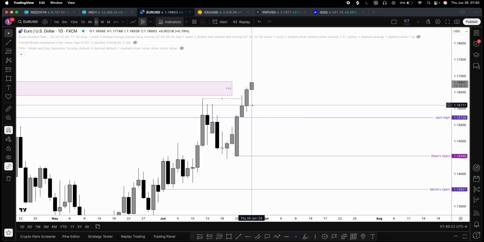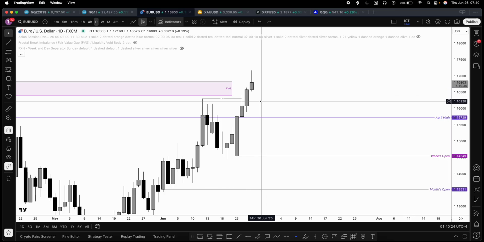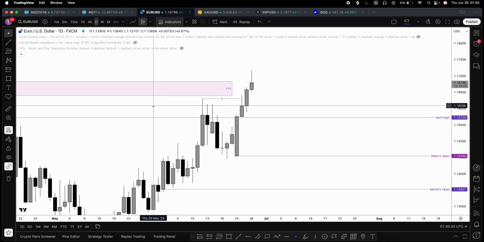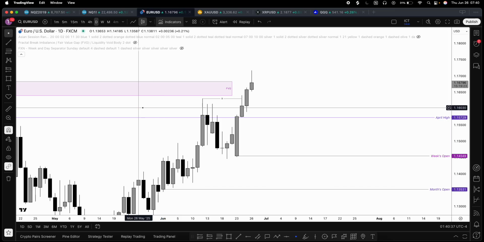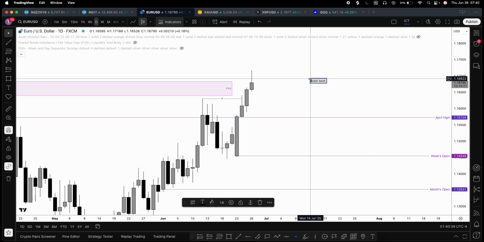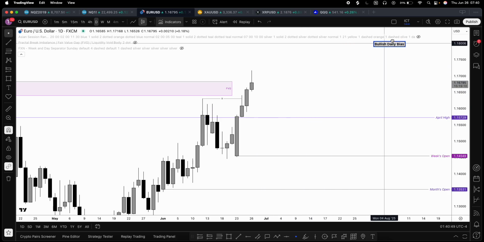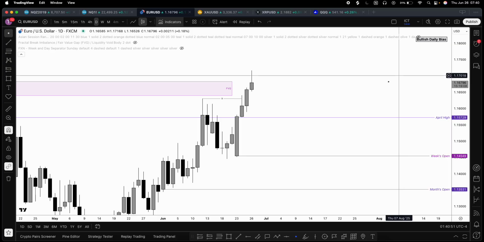Just because this was a pretty strong bullish close, closed above the previous candle's high. So there's no reason to believe it wouldn't be bullish. And so far it looks like it might be. But that's just, again, just for reference, so just keep that in mind.